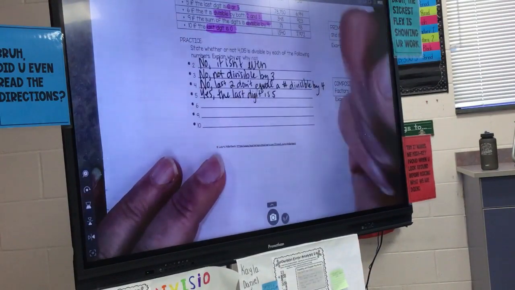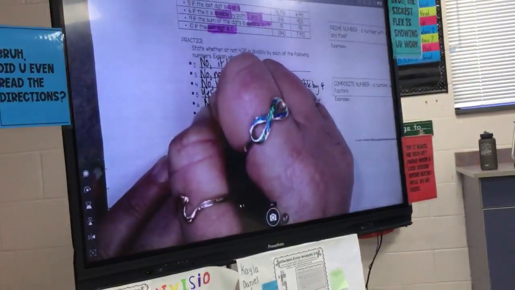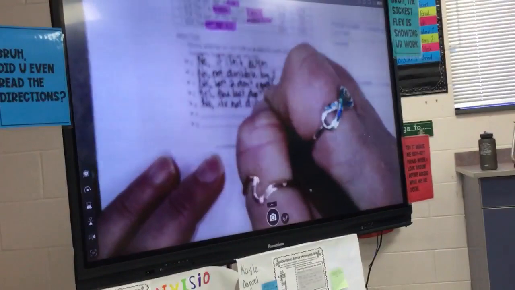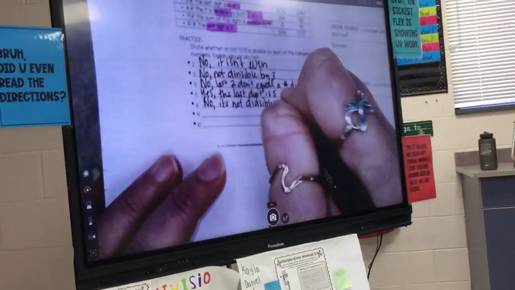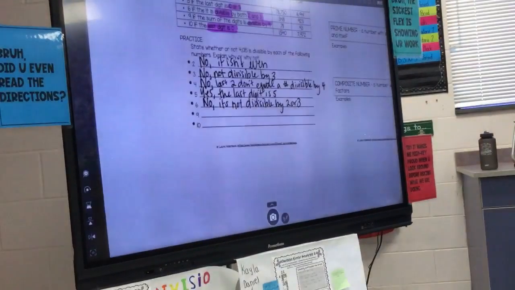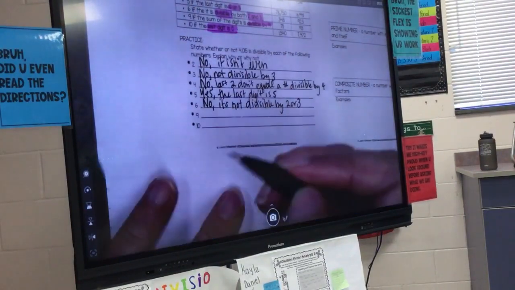Then we can't divide it by 6, right? We can't do it because it's not divisible by 2 or 3. What about 9? No. Why?